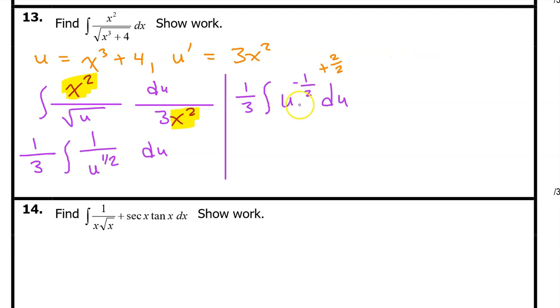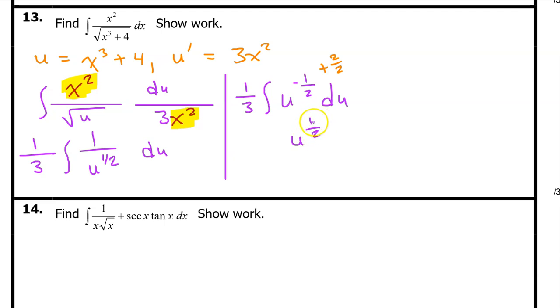We can find the antiderivative of u to the negative 1/2 power using the power rule of integration. Let's add 1 to this exponent. So that's like adding 2 over 2, which is going to give us 1 over 2. So we will have u to the 1/2 power. But then we need to divide by the new exponent.